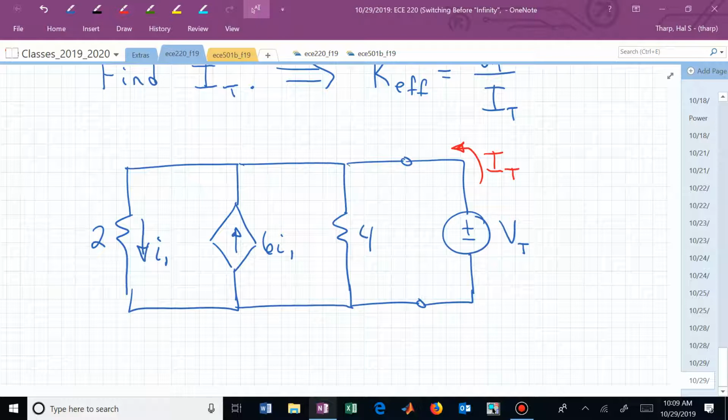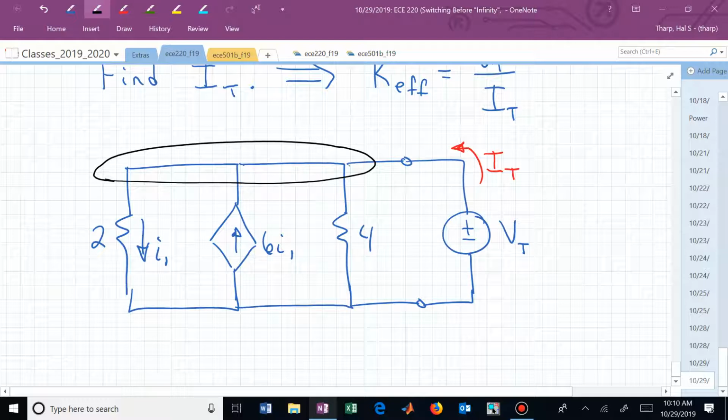I'm sorry, misspoke, a KCL. I was thinking node voltage and I wanted to say KCL and I blended them. I need to do a KCL. So now we're writing KCL at, everything's in parallel, so that means we really just have to write one equation. We're going to write a KCL here.